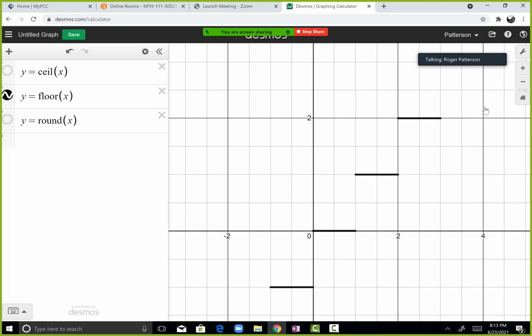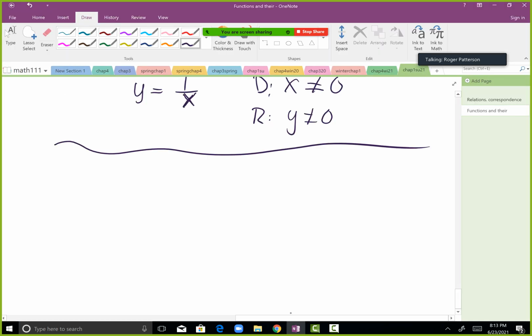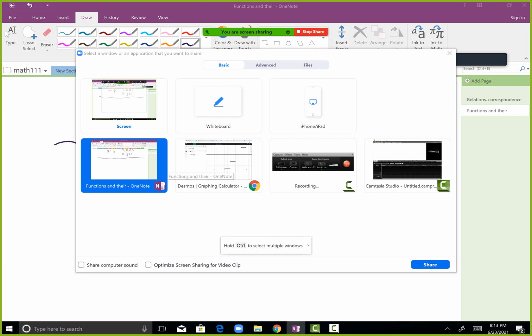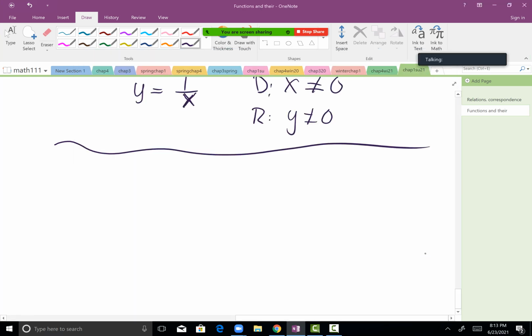Okay. Now, these are called step functions because obviously they make steps. And the one that is important is the floor. Okay. So let me go back to here. All right. So the floor function here, which we're going to call steps, which is floor in Desmos, is called the greatest integer function.